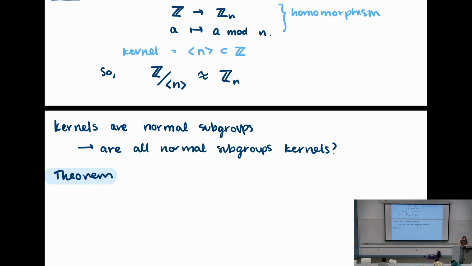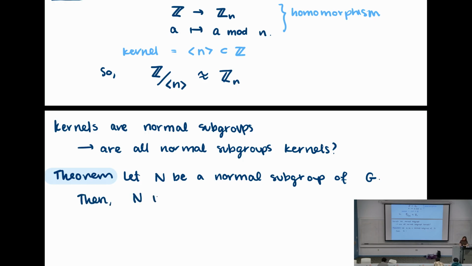Okay, so let N be a normal subgroup of G. Then N is the kernel.